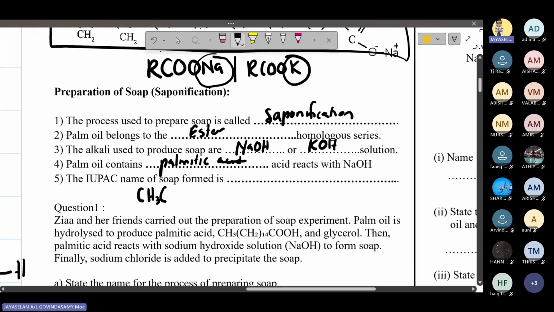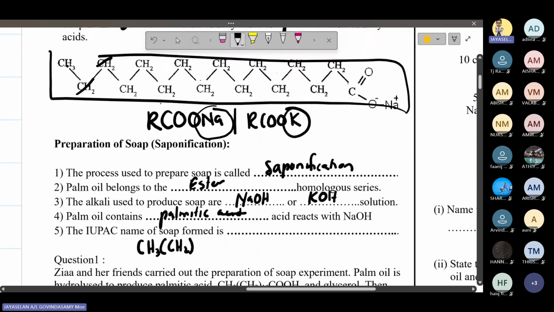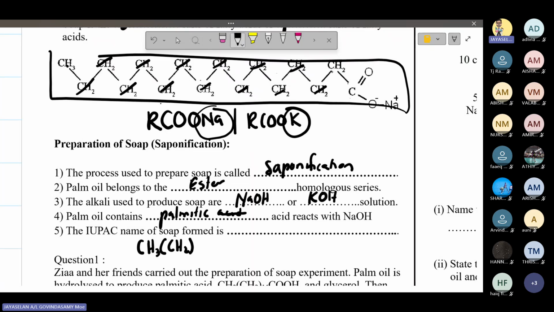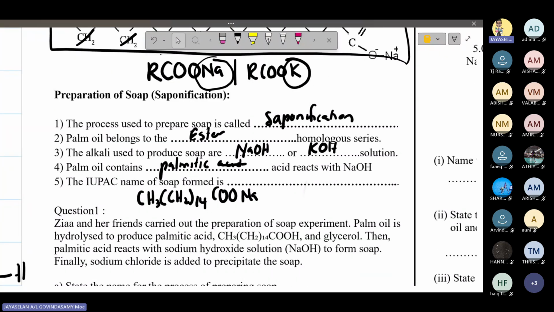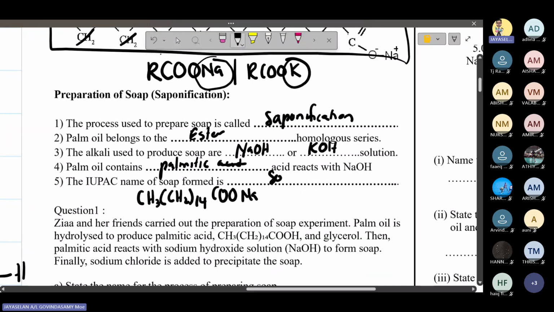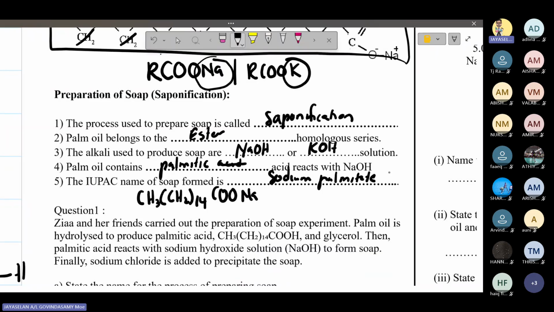CH3 bracket CH2, kamu tengok di sini, 1, 2, 3, 4, 5, 6, 7, 8, 9, 10, 11, 12, 13, 14, COO Na. What is the name of this soap? So your answer should be sodium palmitate. Any question?